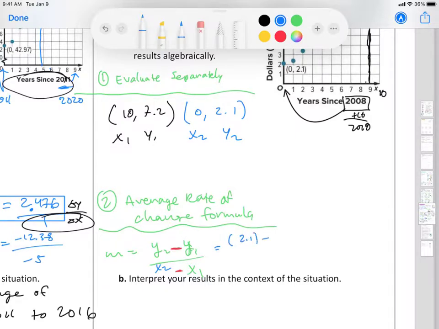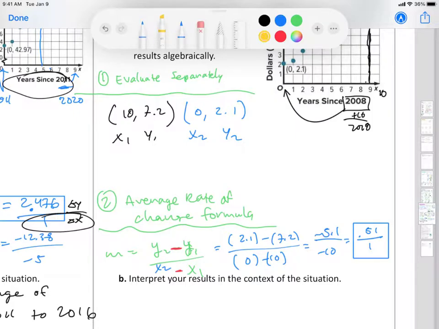Y2 value is 2.1 minus 7.2 over x2 is 0 minus 10. Then punch that into my calculator here. You should be using a calculator. Negative 5.1 over negative 10. So you could say 5.1 over 10 years. Or if you divide it, we get 0.51 over 1 year.